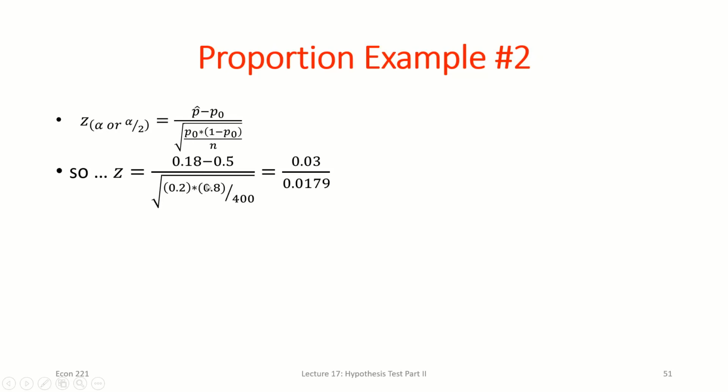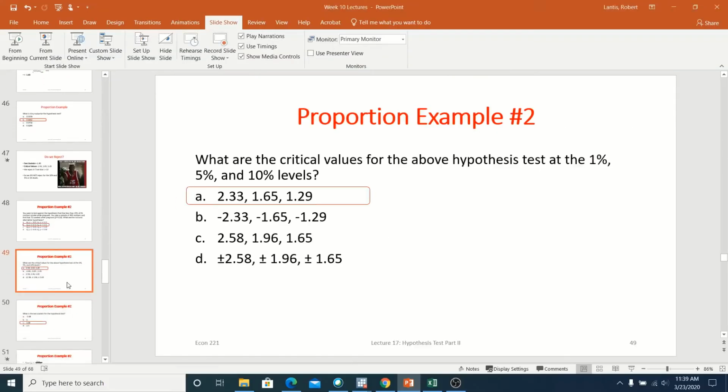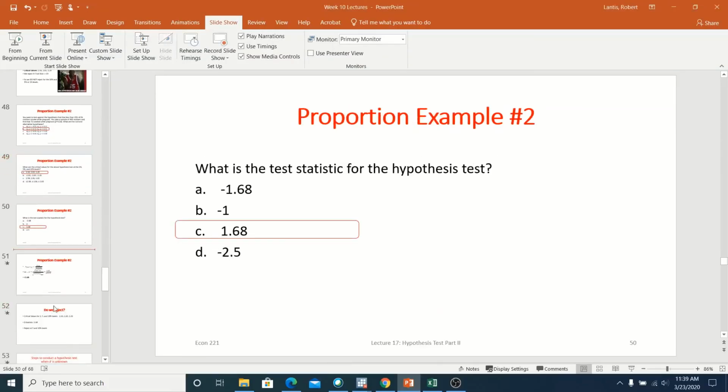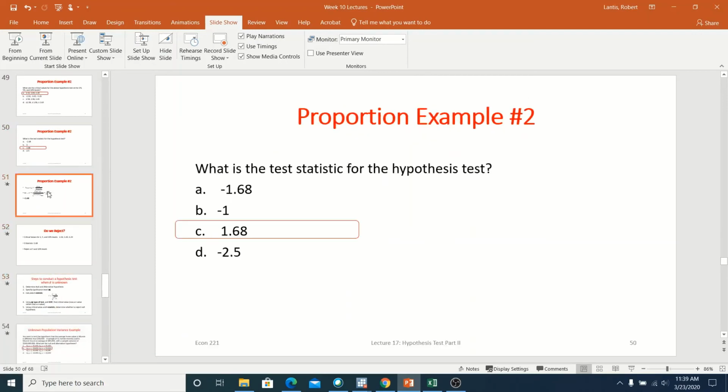This should not be 0.2 and 0.8. I apologize, this should be, what's wrong with this? Okay, let me change this real quick so that the numbers line up. I think I copied and pasted a little too quickly there.